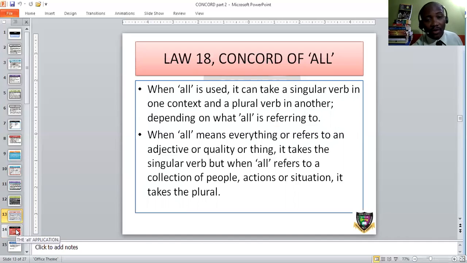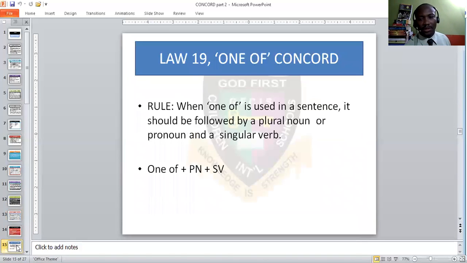Note that when all means an adjective or quality, like all is well, not all are well, it refers to an adjective or quality. But when it now refers to a collection of people, actions or situations, referring to different people, we use collective.